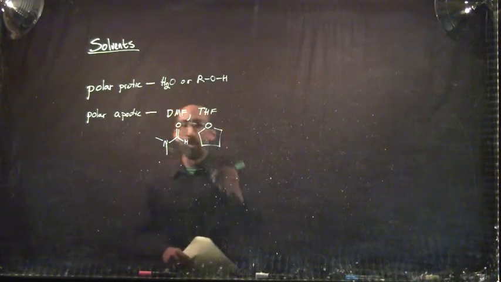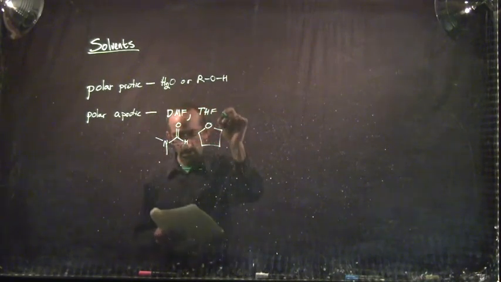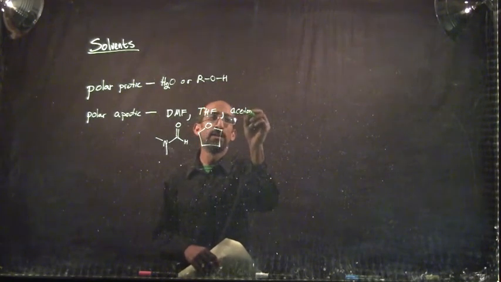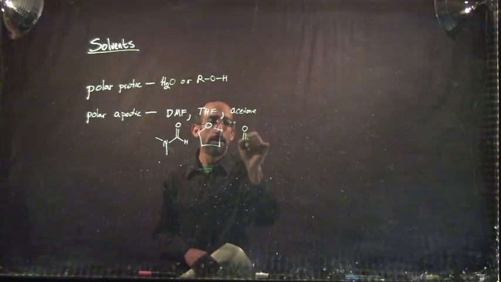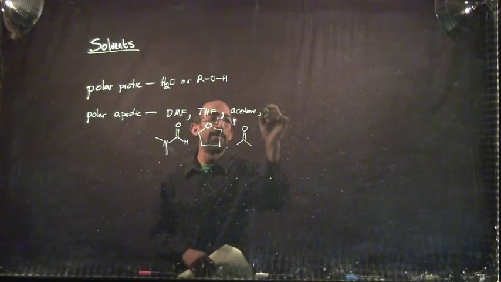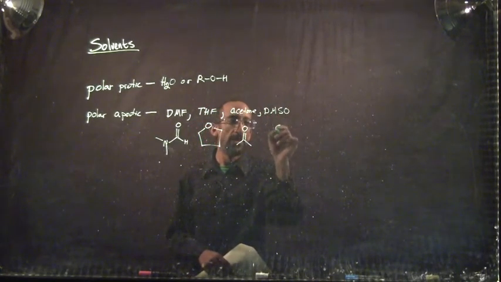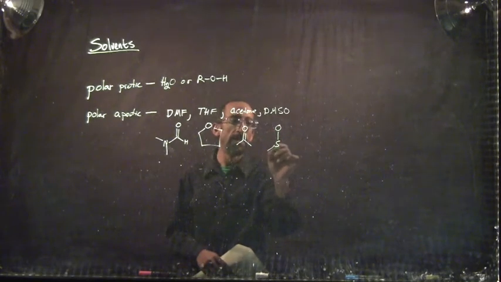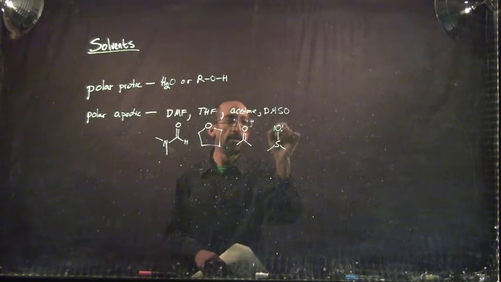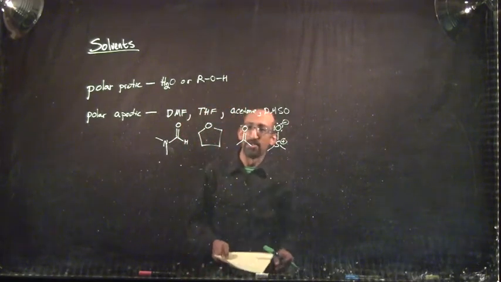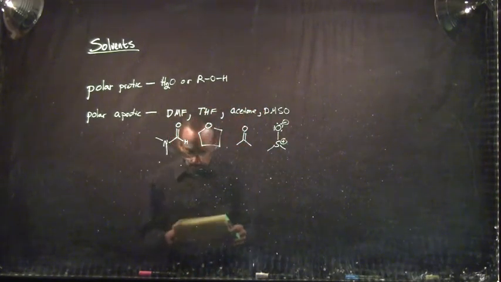Again, we have a polar solvent, no acidic hydrogens. And then the other two are acetone and DMSO. And we all remember that's how Sam likes to draw DMSO.